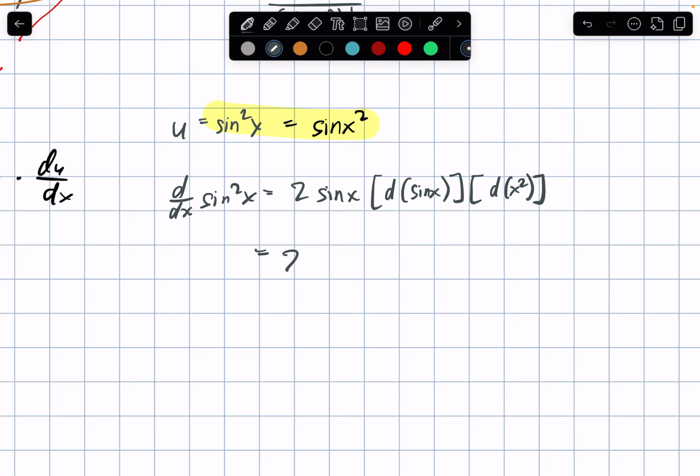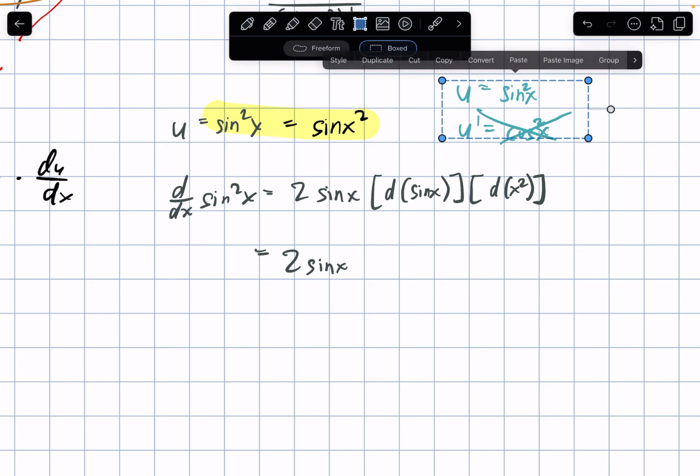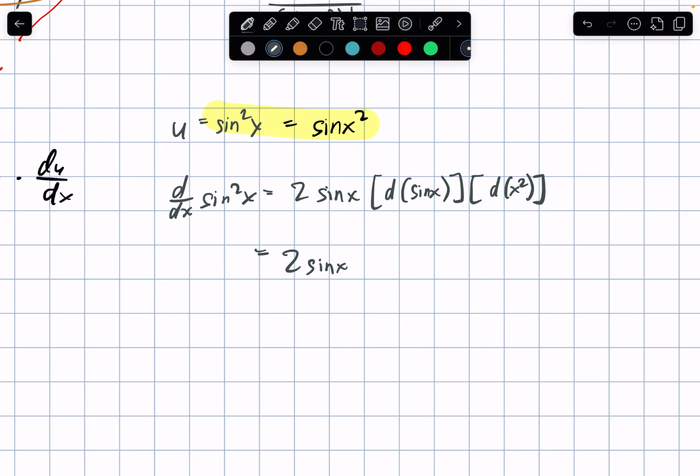So we get 2 sine x. Just to let you know, if ever the u was just sine x, we would easily know what the derivative is. But the only difference is we have a raised to 2, so this is not right. Okay? Just to clarify that.